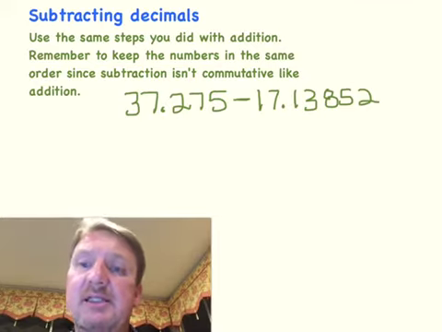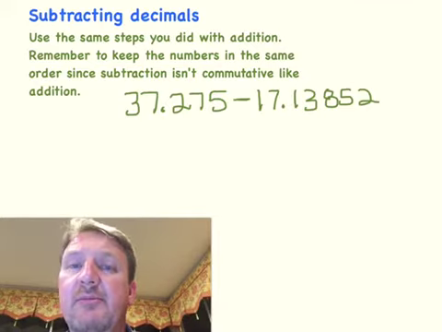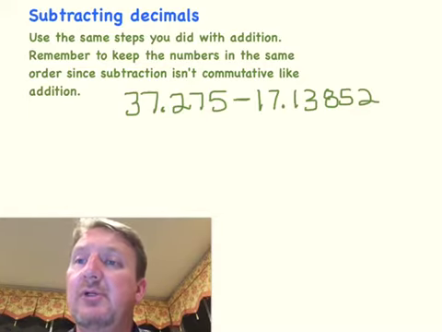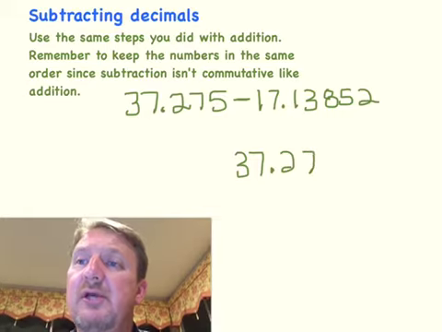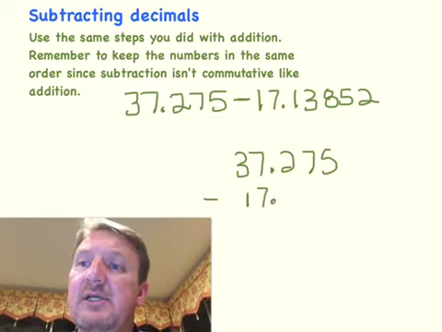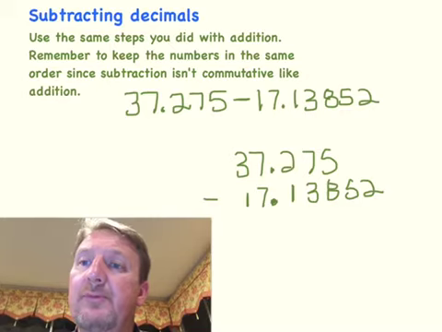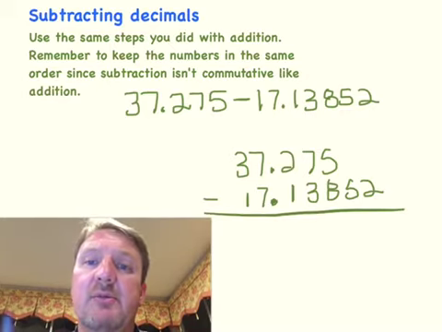If you go back to the last slide, you know that the first step was to line up the decimals. So we'll write 37.275 minus 17.13852. All right, now we're going to subtract these numbers.